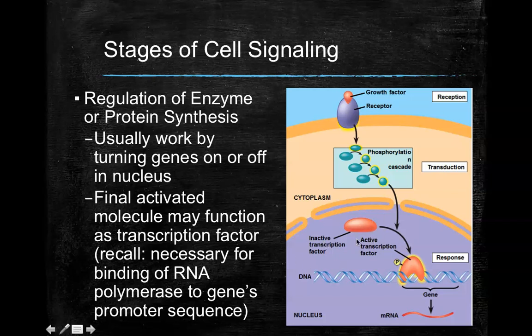That active transcription factor now binds to my regulatory sequences in my DNA, turning on a gene, allowing RNA polymerase to better bind to that promoter sequence. Off we go with transcription, which ultimately gets me my messenger RNA, and then I go through translation to get that protein, whatever it happens to be.